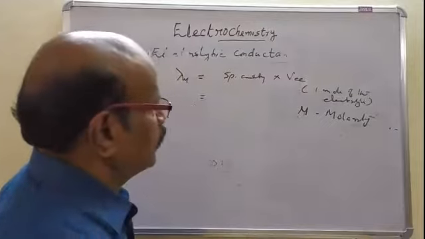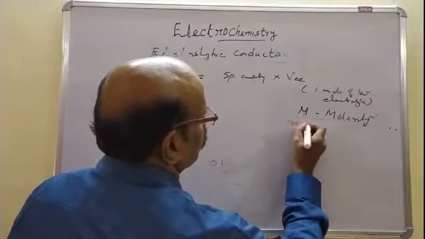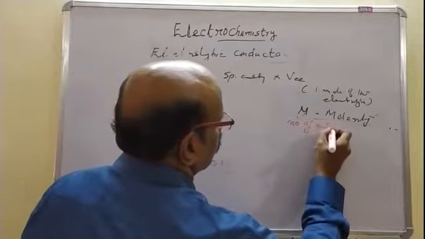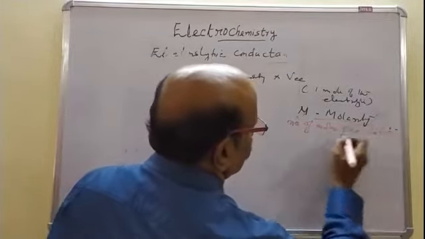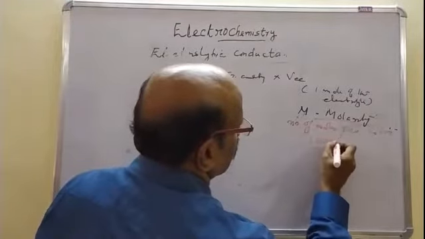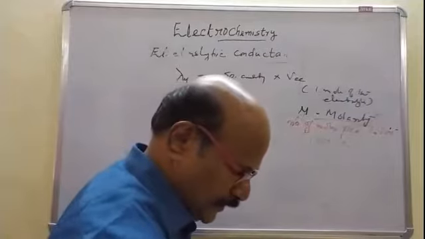Suppose M is the molarity of the solution. M is the number of moles per liter, or 1000 cc of the solution.